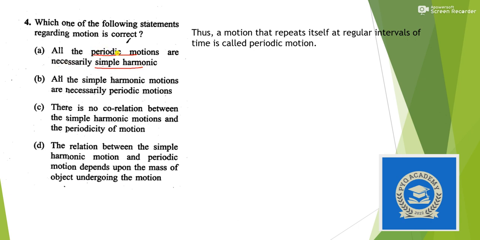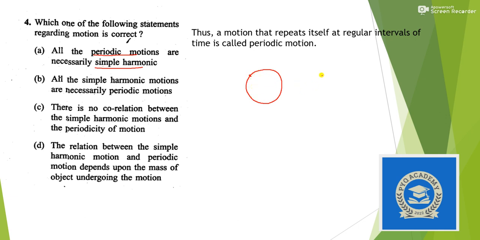So as the name suggests, periodic motion is a motion which repeats itself at a regular interval of time. Let's take the example of a circular motion. It can be a periodic motion because it repeats after a certain interval of time.